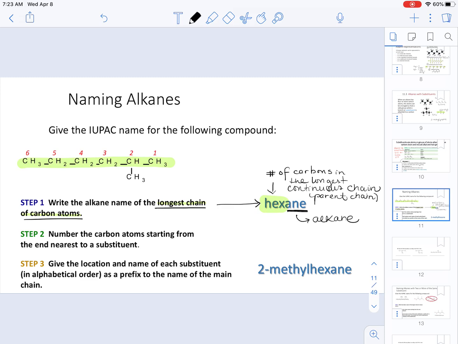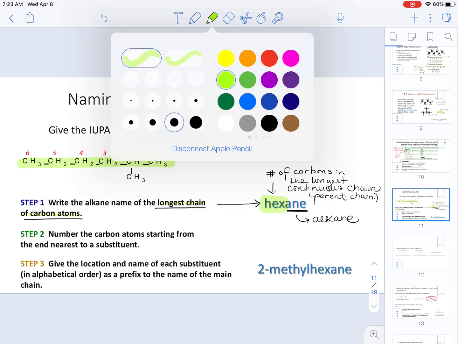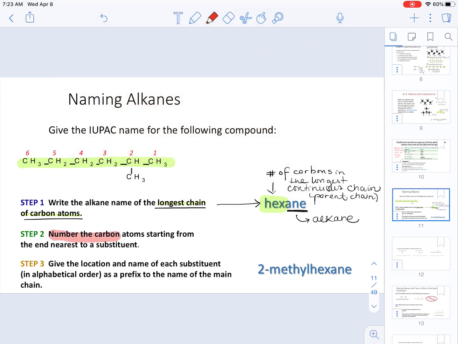The second thing that we're going to do is number the carbon atoms starting from the end that is nearest to a substituent. That's why when we are numbering this particular compound, we're going to do it from right to left. Then we're going to give the location and the name of each substituent, in alphabetical order. In this case, we only have one. And we're going to give that as a prefix to the name of the main chain.